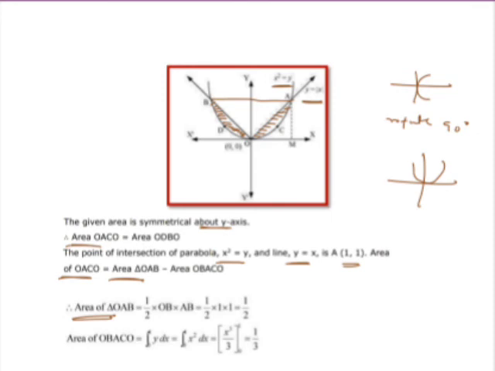So this total region equals this region minus this region, that is OBACO.